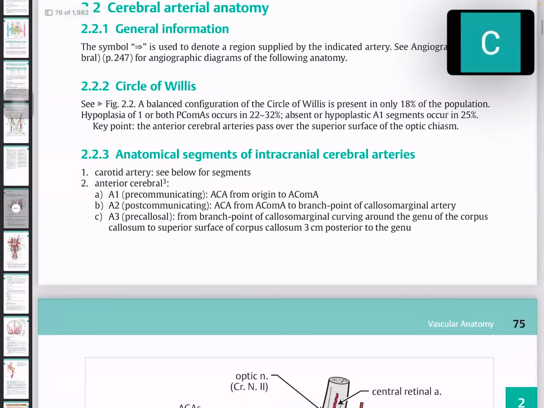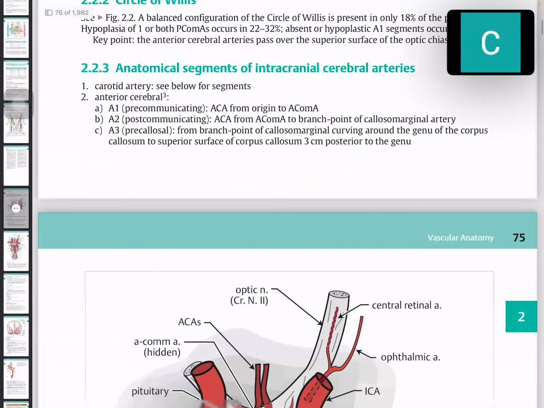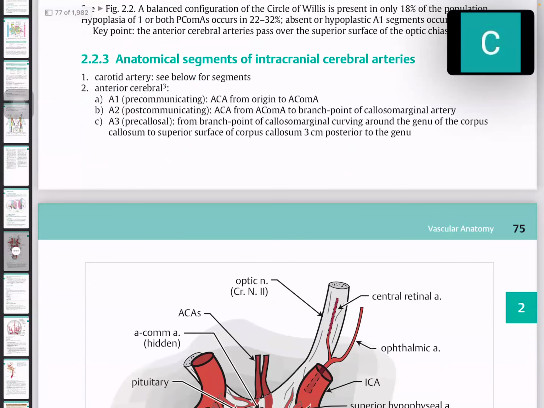Then you have the post-communicating segment, A2. It starts at its junction with the anterior communicating artery, and then gives branches. It ends at the branching of this artery at the genu of the corpus callosum, to give out what we call the callosomarginal artery.